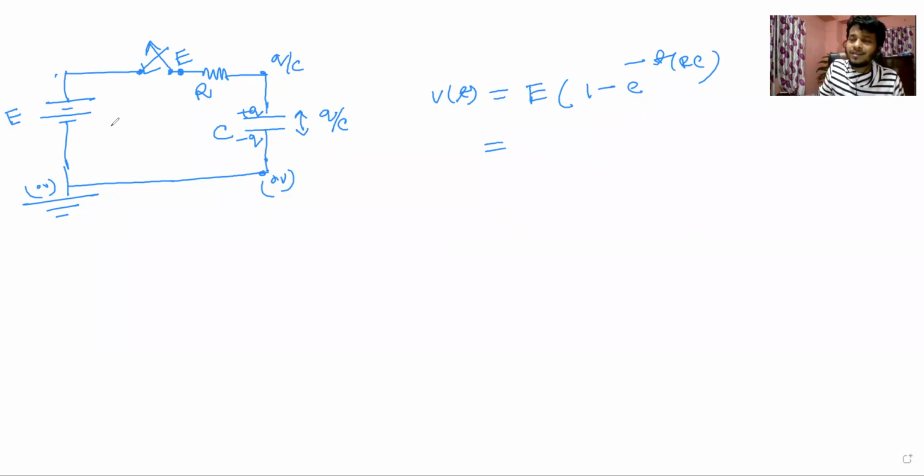E is the voltage of the power supply, or we can say under steady state condition E is the maximum voltage across this capacitor, isn't it? Because we know that under steady state condition the voltage of this capacitor will be equal to the voltage of the power supply.